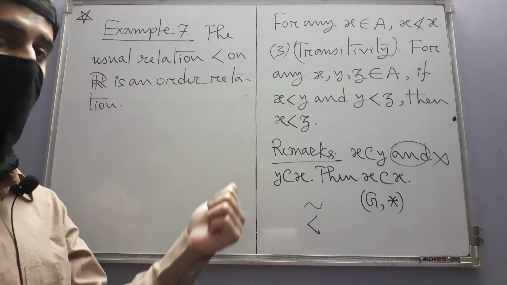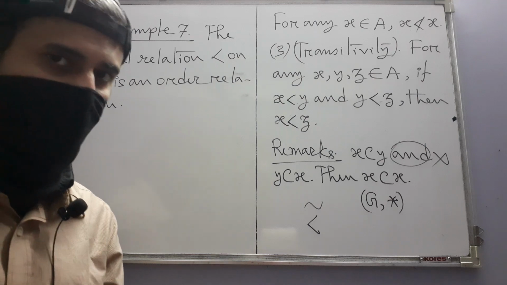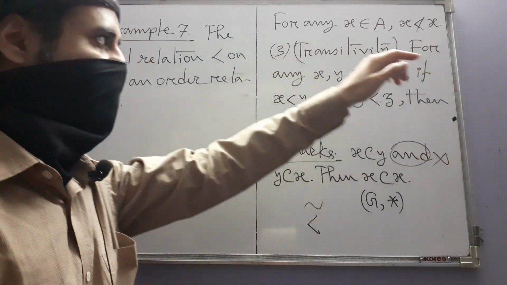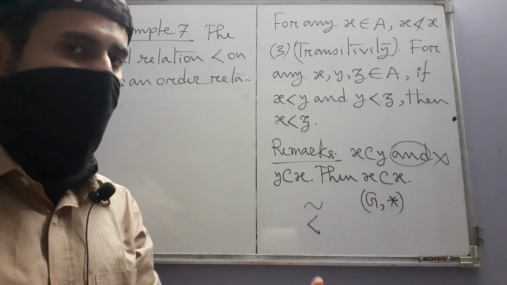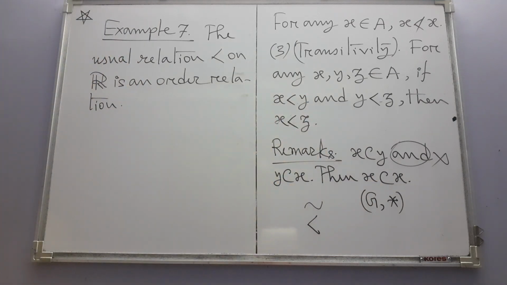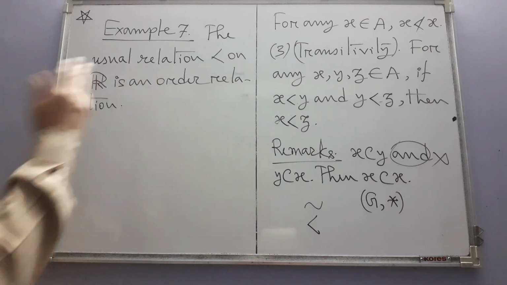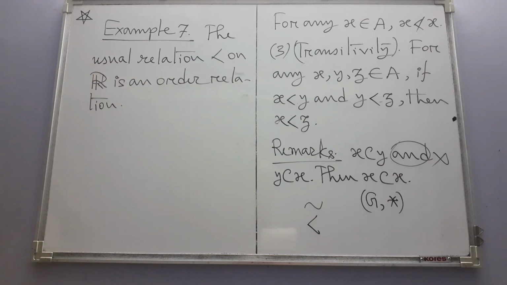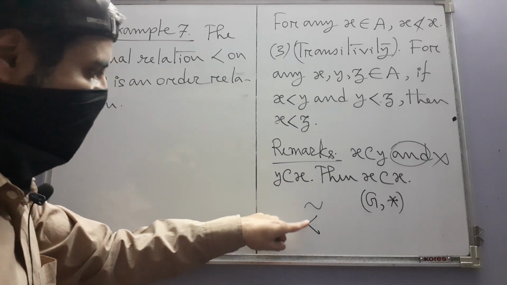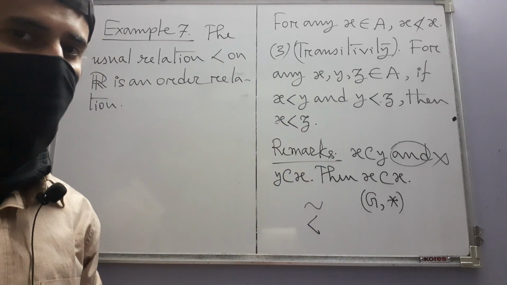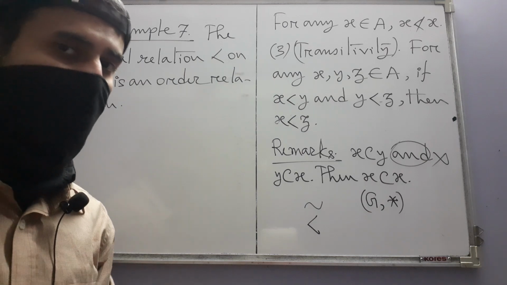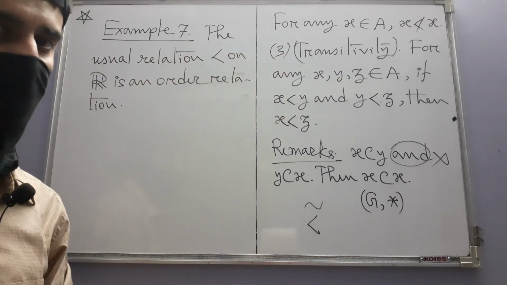Now, this is really less than, the less than that we know. Also, no real number is less than itself. And transitivity, of course, it has that meaning. Okay, so clearly this is an order relation. And in fact, this example is the source of this notation. And this general idea is the source of that idea.